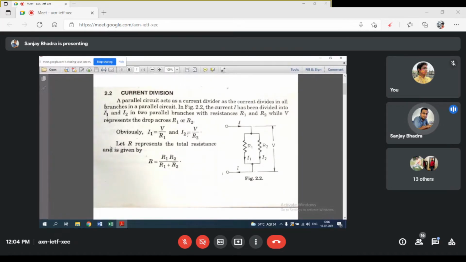Now, if I replace this transportation journey by a flow of current, then once I reach the Narkel Bagan junction, the entire current gets bifurcated into two branches.